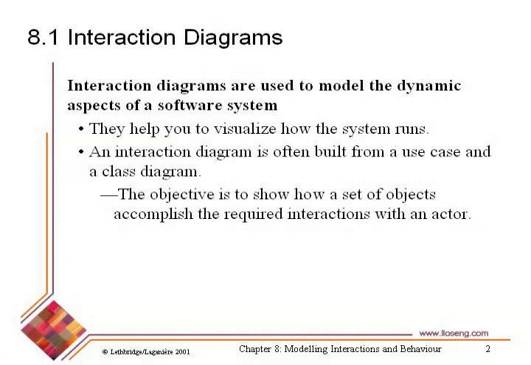Okay, used to model the dynamic aspects of a software system. They help you to visualize how the system runs. You don't need necessarily to create interaction diagrams of every part of your system. These are needed to model the more complex parts of the system, because the simpler parts of the system you can get away with class diagrams with methods and class hierarchies.